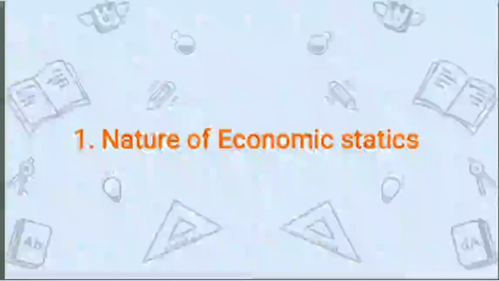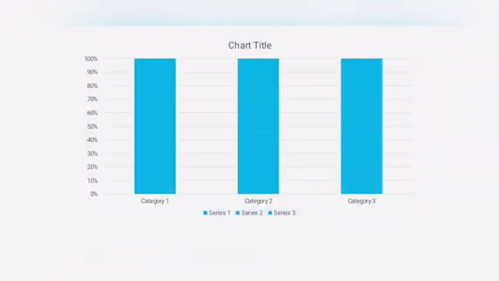In order to make the difference between the nature of economic statics and dynamics quite clear, it is essential to bring out the distinction between two sorts of phenomena, stationary and changing. An economic variable is said to be stationary if the value of the variable does not change over time.